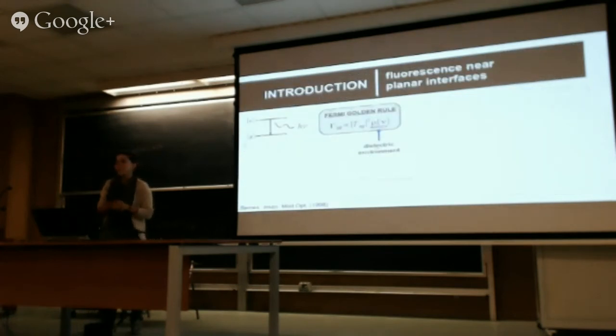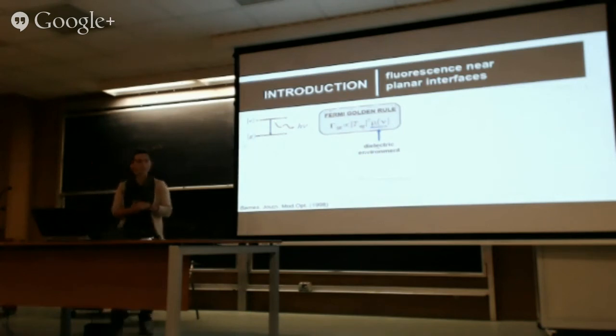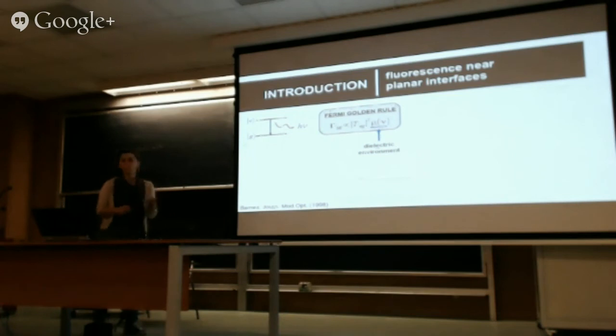As a starting point of this presentation, I just recall what Francesco was saying in a different way, starting from a simple 2-level system, an excited 2-level system. The spontaneous emission decay rate of this 2-level system is given by the Fermi golden rule, and is written in terms of the transition matrix element from the excited to the ground state, and also the density of the final states at the transition frequency.